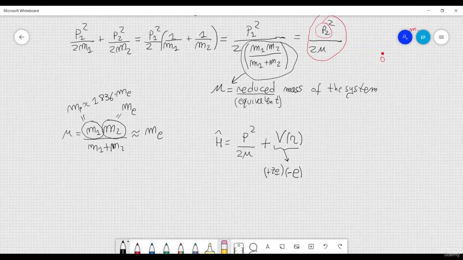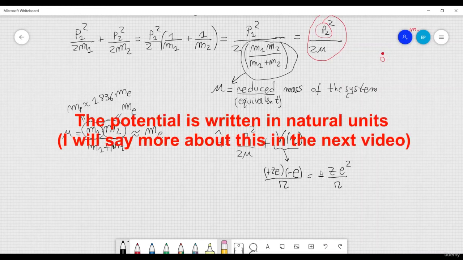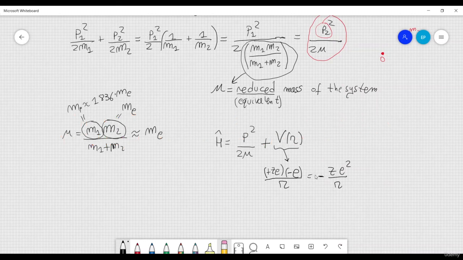So for example, for the hydrogen atom, it will be equal to 1. Okay, so that's it. And then I will have to divide by r. So the potential energy is minus z e squared divided by r. And the potential energy, as you can see, is negative in this case because we are considering attraction. There is an attraction because the particles have opposite charges. Okay, so this is the expression for the potential. And we will go further from here next time.